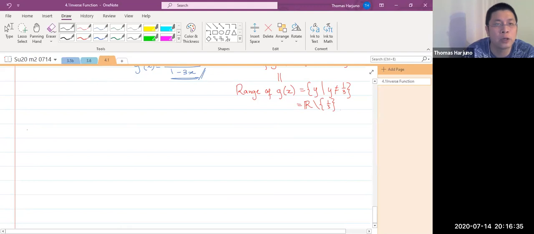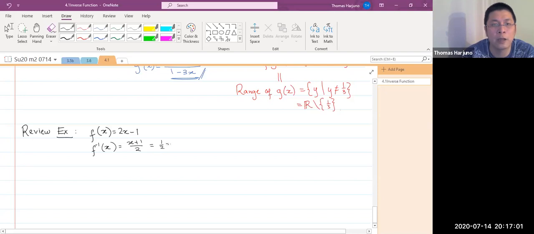Review the first example, one of our examples earlier: f(x) equals 2x minus 1, then f inverse x is (x plus 1) over 2, which is 1/2 x plus 1/2. Happens to be something we can simplify easily.